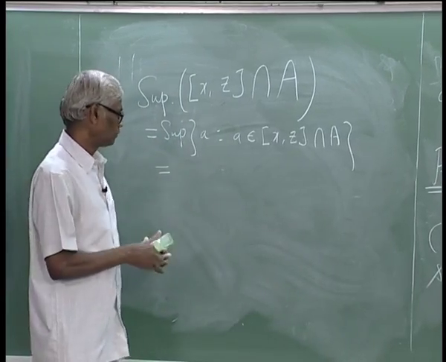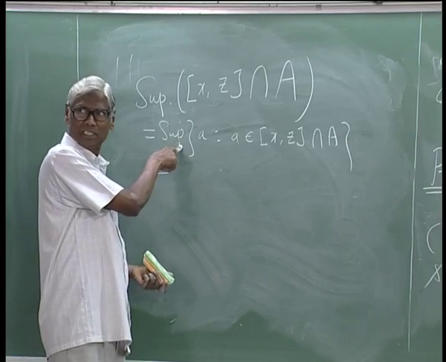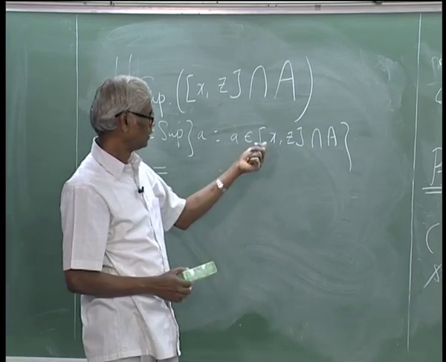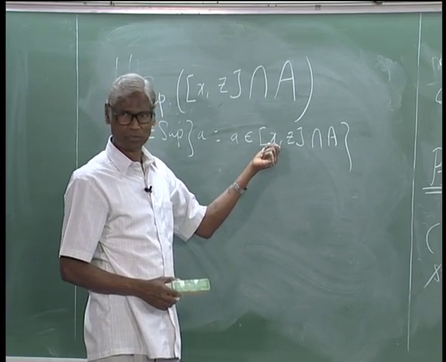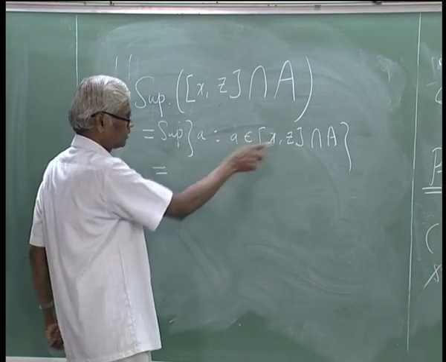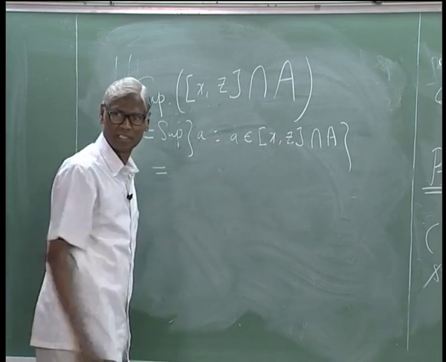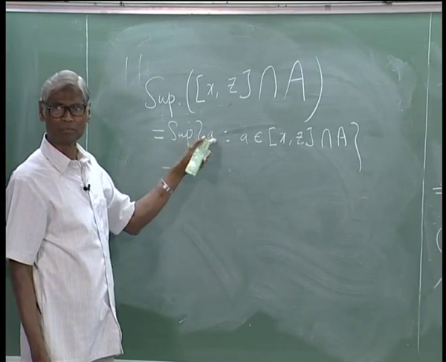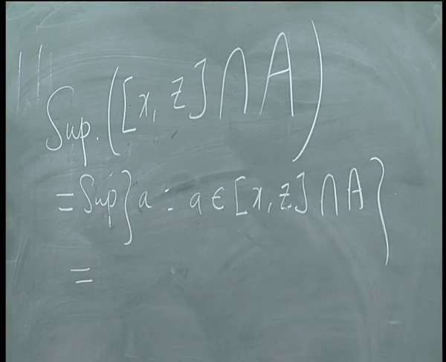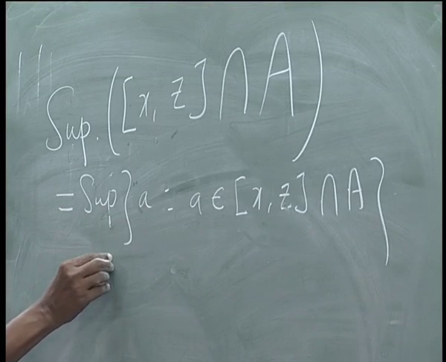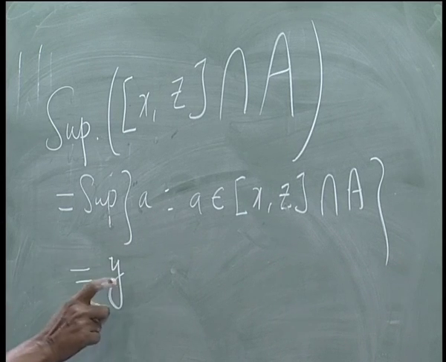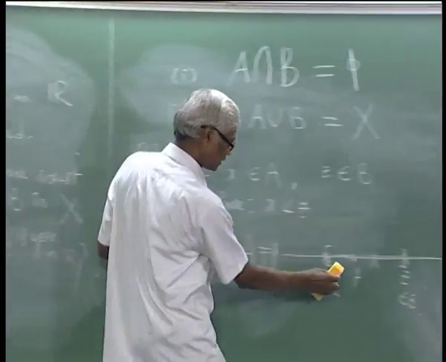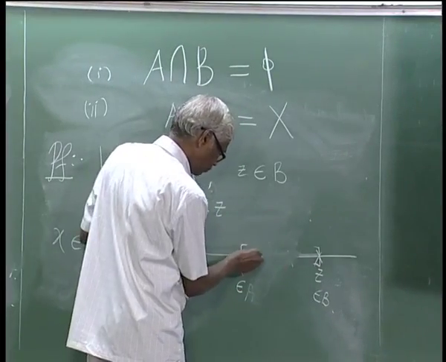The LUB axiom says that if a set is bounded, it has an upper bound; all the elements in this set are less than or equal to z. Then it will have a least upper bound, so the supremum exists. Let us fix that supremum as y.